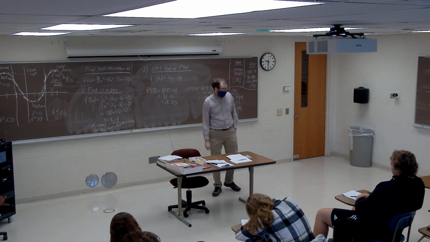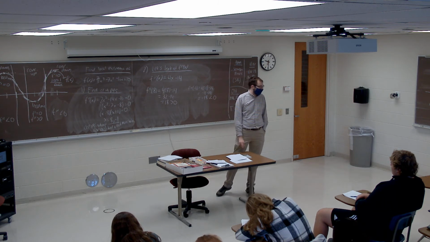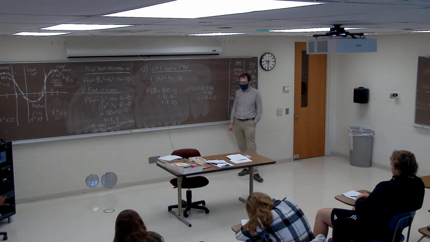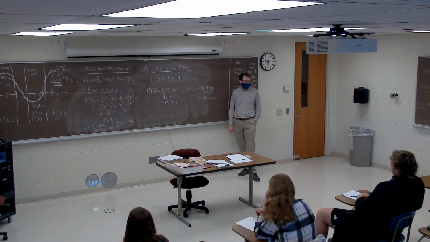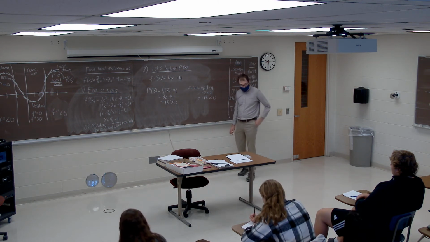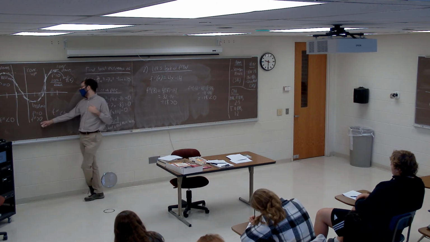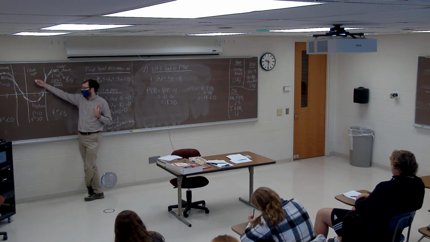All right, Wynn, I did what you asked. What does this tell us? If it's negative, that means there's a local maximum. If it's positive, it means there's a local minimum. Yeah. If you recall, the second derivative test says if f prime is 0 and f double prime is positive, we have a local minimum.